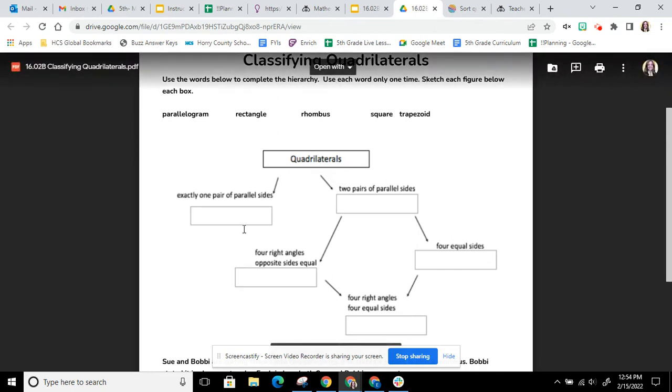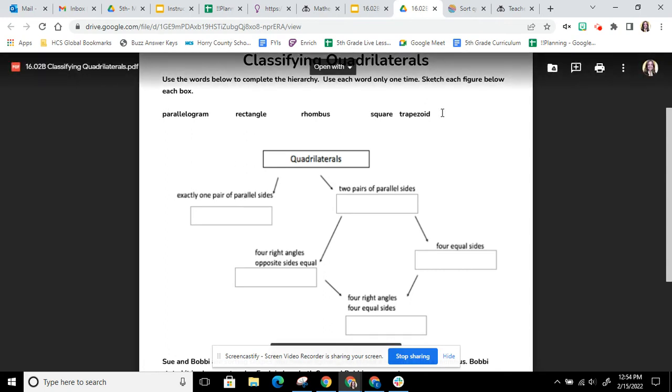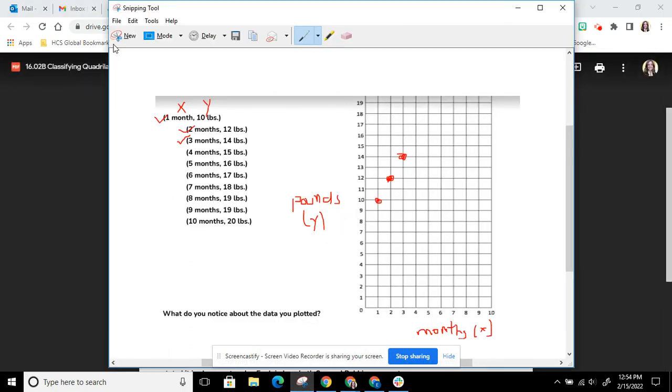That's going to really help you with this hierarchy. After you're done filling in those boxes, don't forget to sketch each figure below each box. I'll give you one answer. Exactly one pair of parallel sides. I'm looking at my word bank, and I need to find a shape that has exactly one pair of parallel sides. I know a trapezoid has one pair of parallel sides.